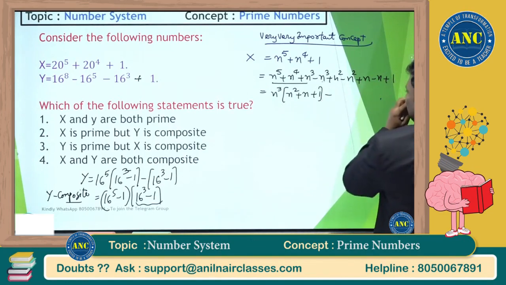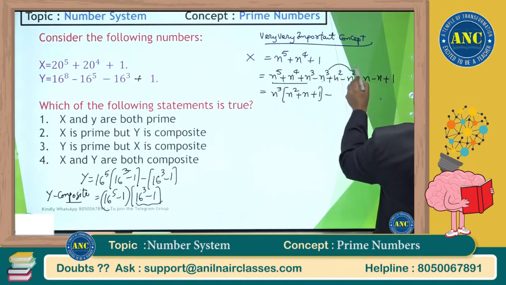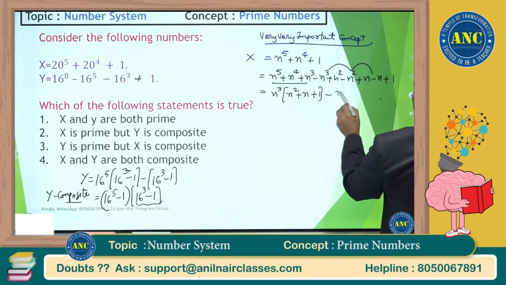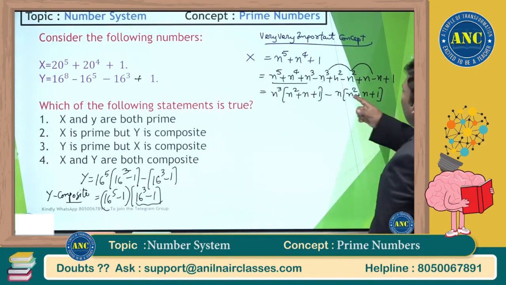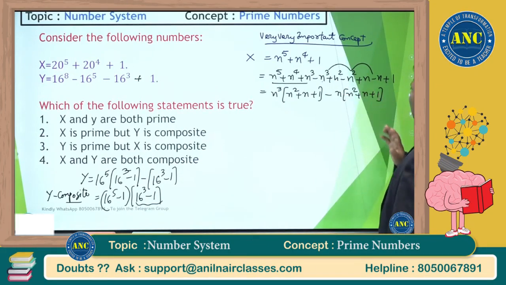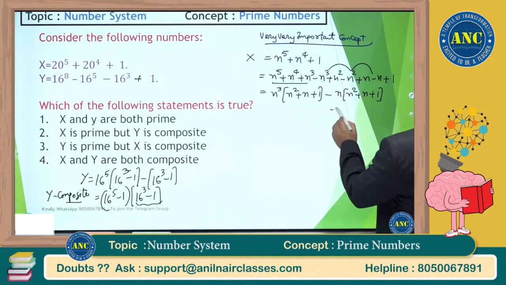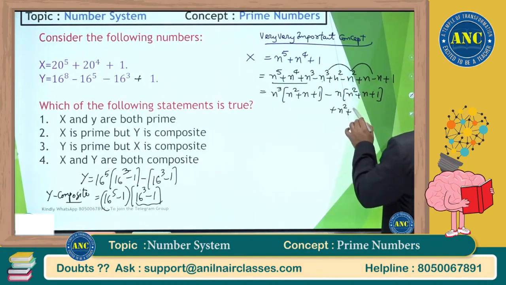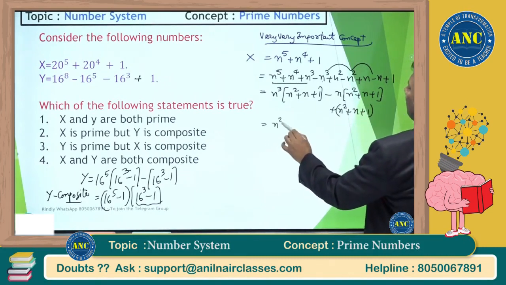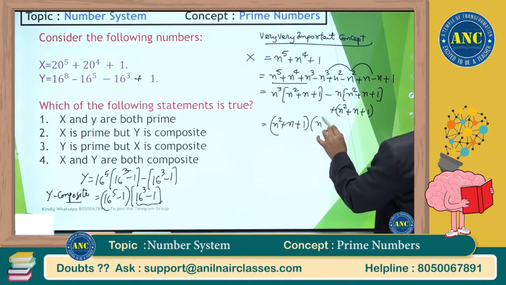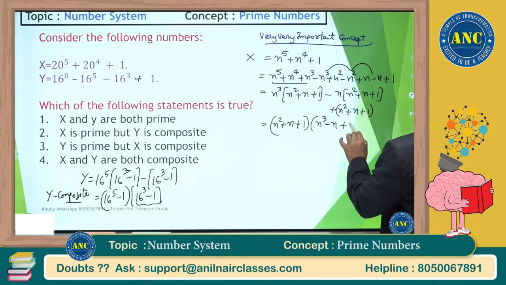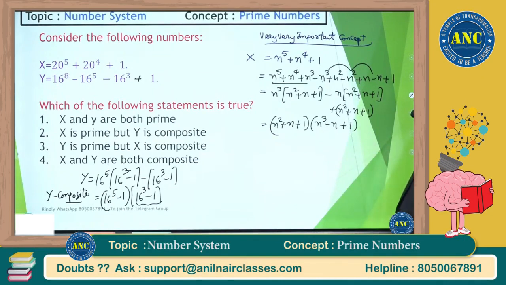From this, if I take n common, n square plus n plus 1, minus n cube minus n square minus n. What is remaining? Plus n square plus n plus 1. So if I take n square plus n plus 1 common, what is remaining? N cube minus n plus 1.